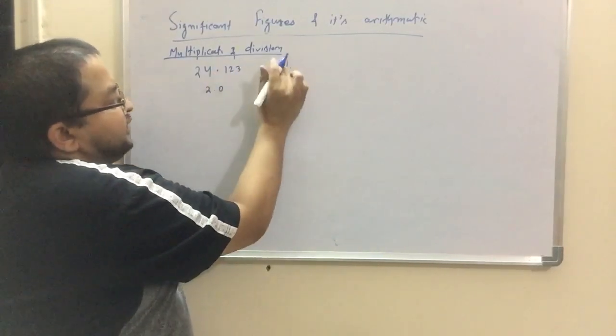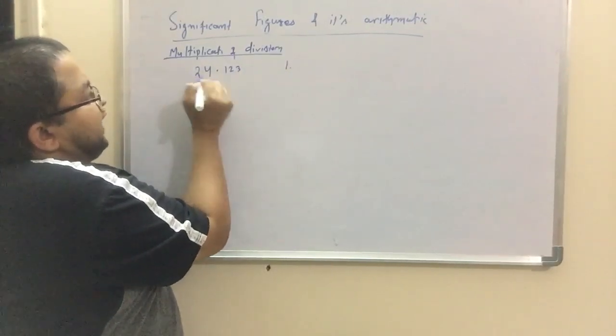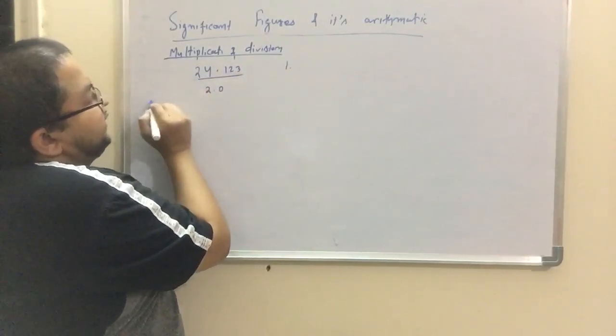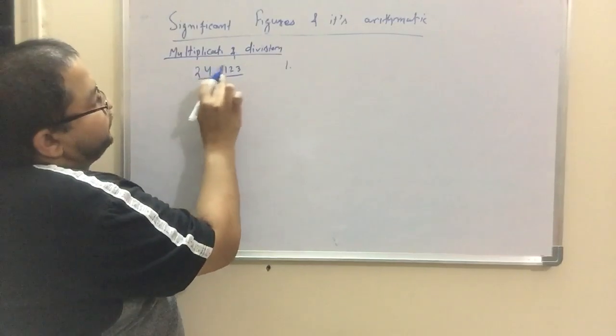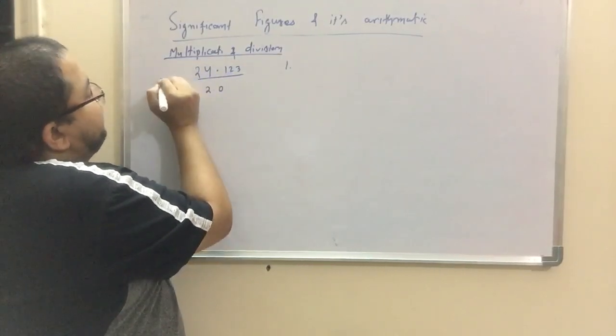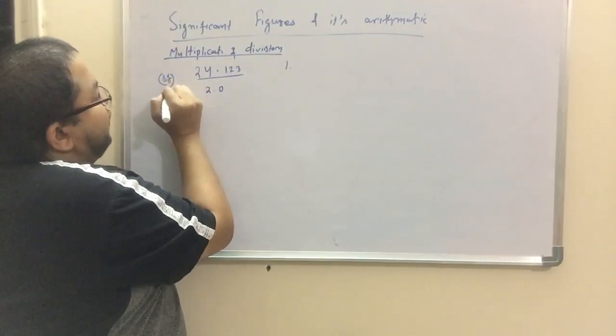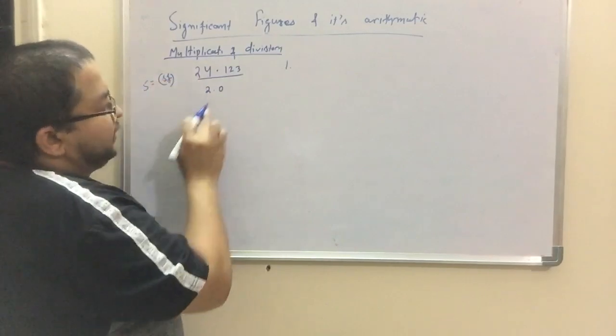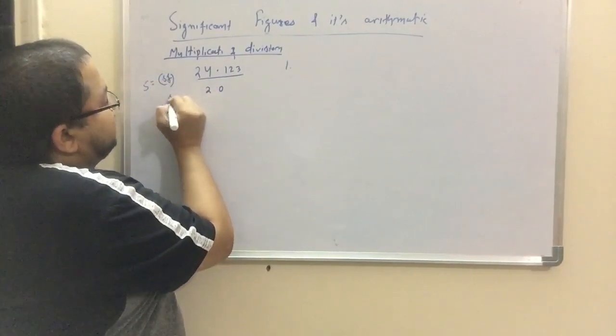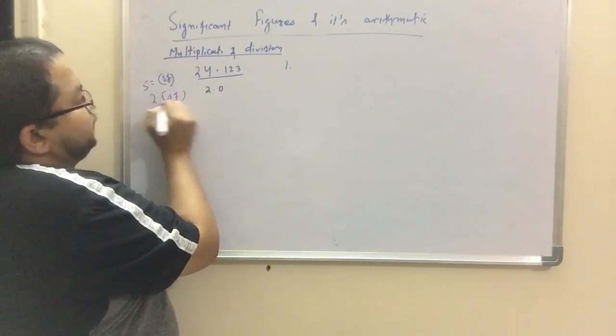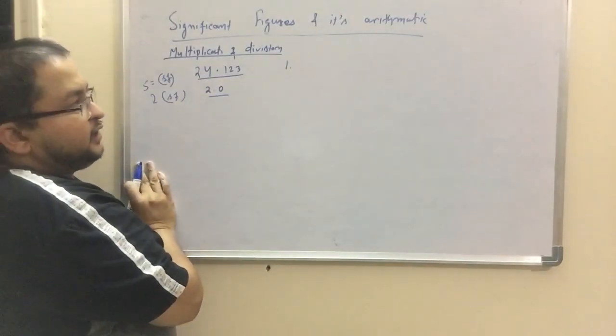Now, how many significant digits does the first quantity have? 1, 2, 3, 4, 5, 6. Sorry, 5. The number of significant digits is 5 here. And this one has 2 significant digits, right?